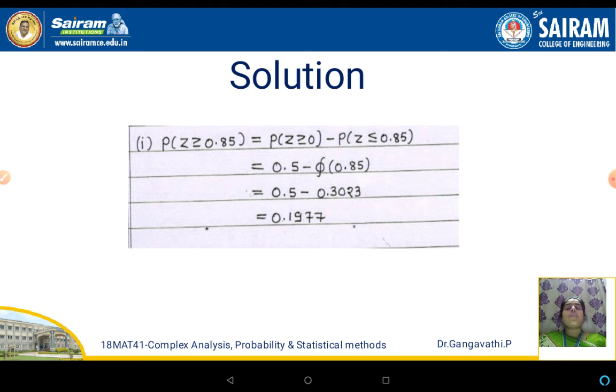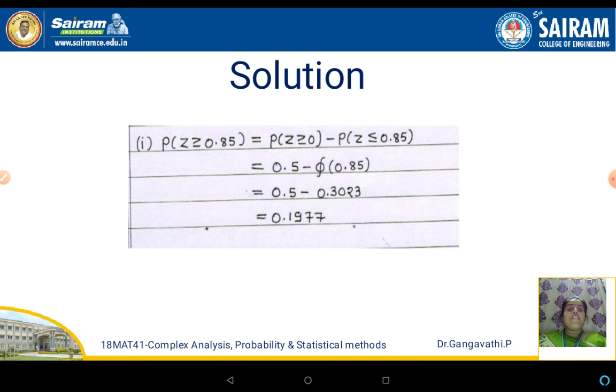So in order to avoid that, we use P of Z greater than or equal to 0, which can go up to infinity, and from that we subtract the value for Z less than or equal to 0.85. We know that P of Z greater than or equal to 0 is half, as I specified in the note. And P of Z less than or equal to 0.85 can be written as phi of 0.85.